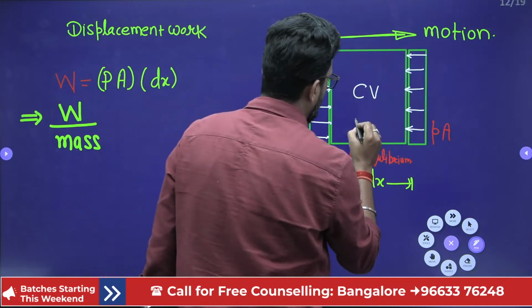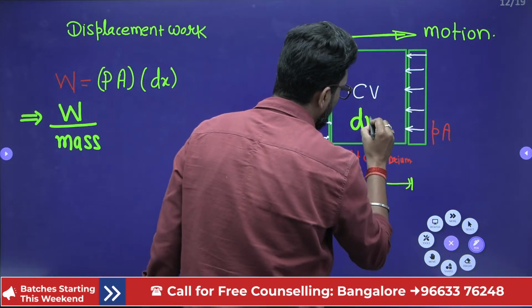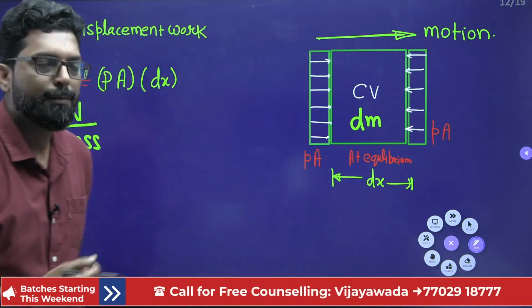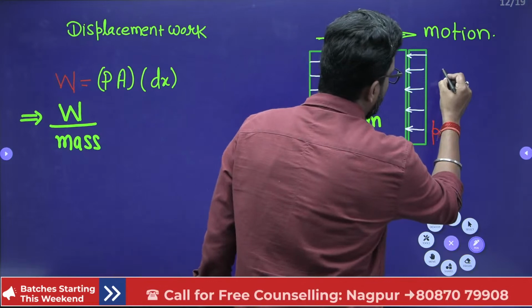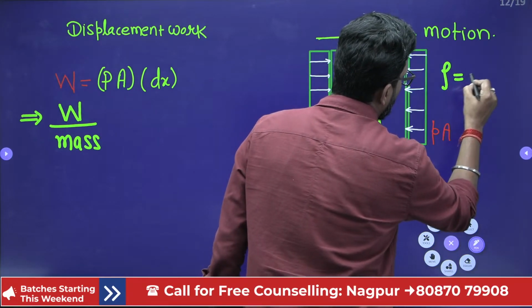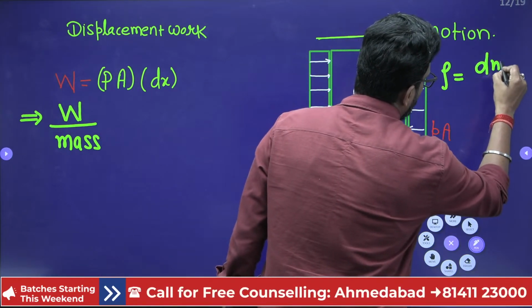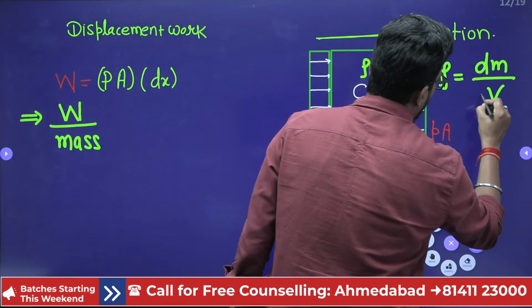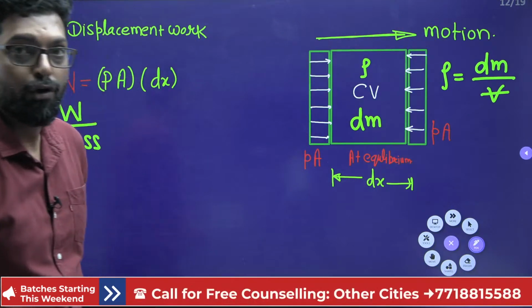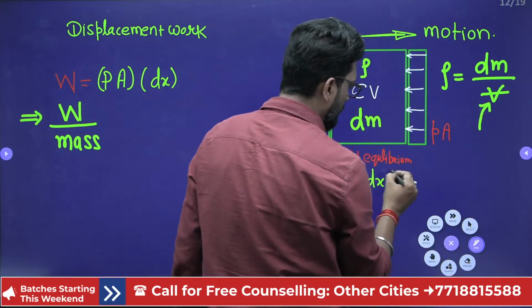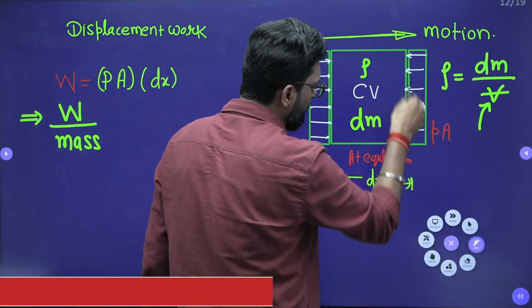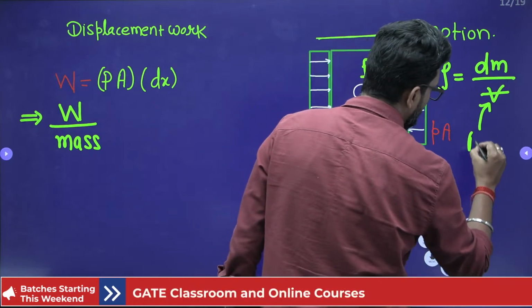Let's suppose dm is the mass, and the density is rho. So we know that density is mass by volume. Okay, and what is the volume? This volume is what? The area A into dx.